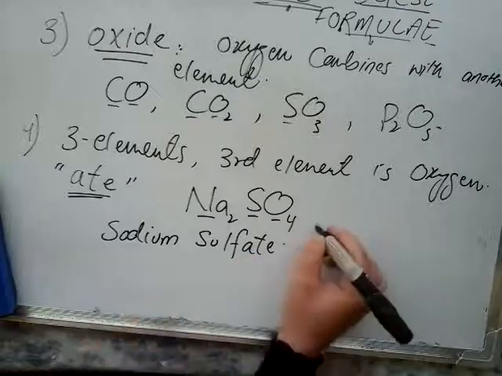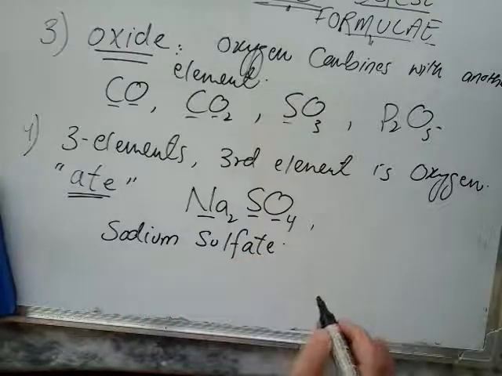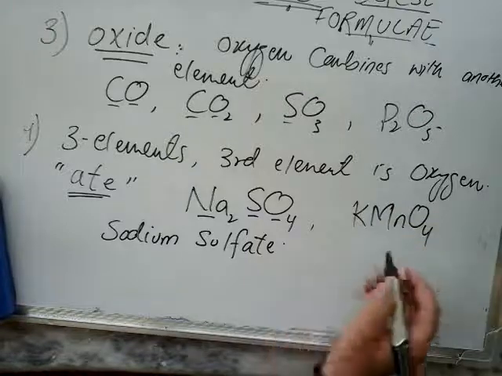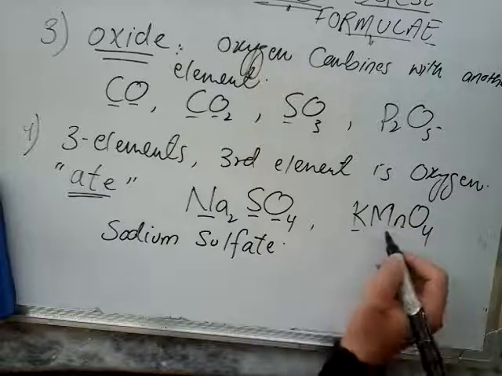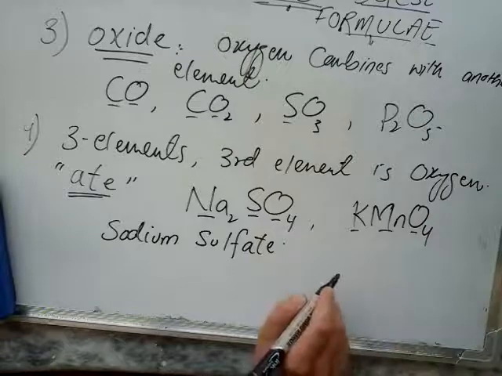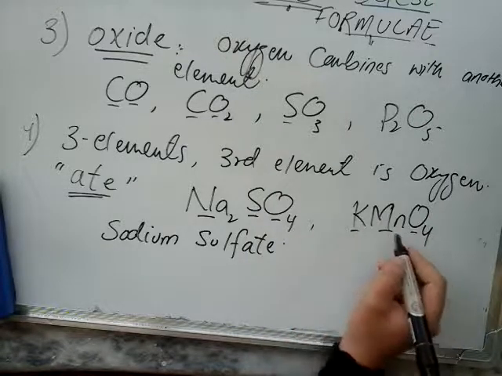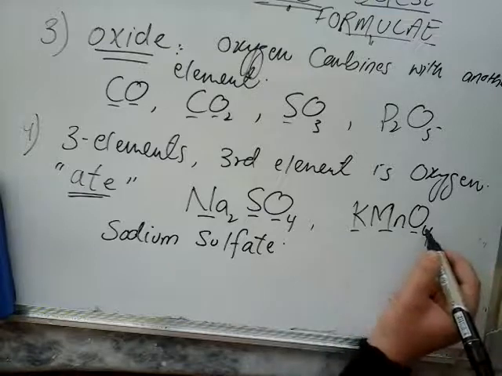Is that clear? For example, KMnO4. Three types of elements are present: potassium, manganese, and oxygen. One atom of potassium, one atom of manganese, and four atoms of oxygen are present.